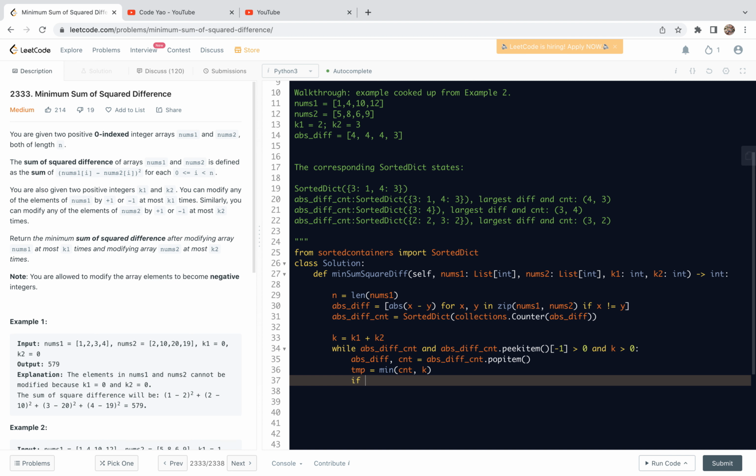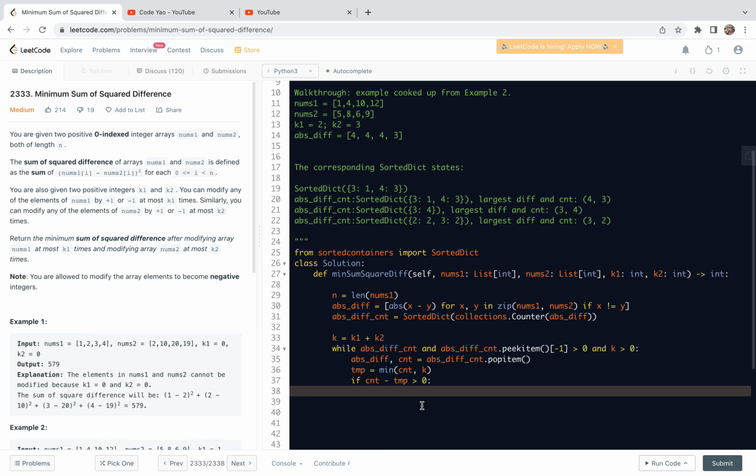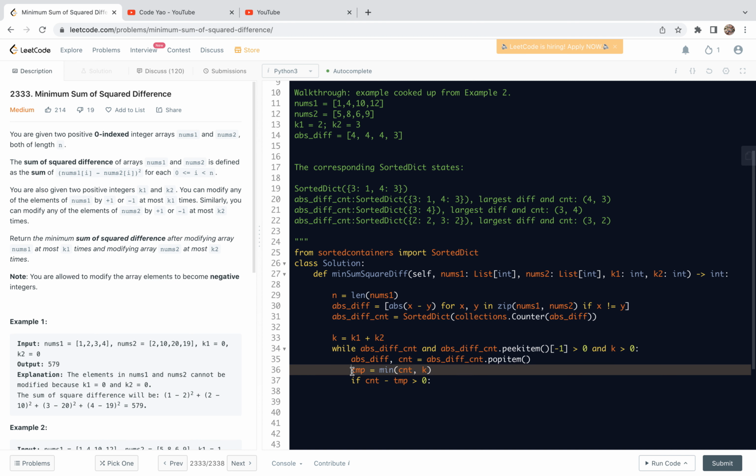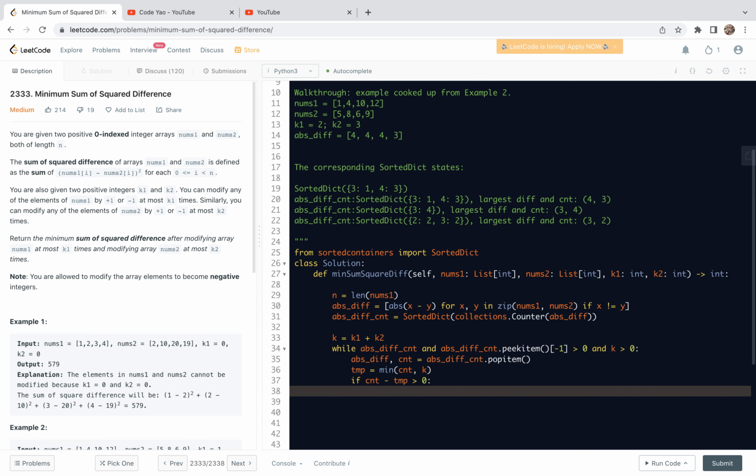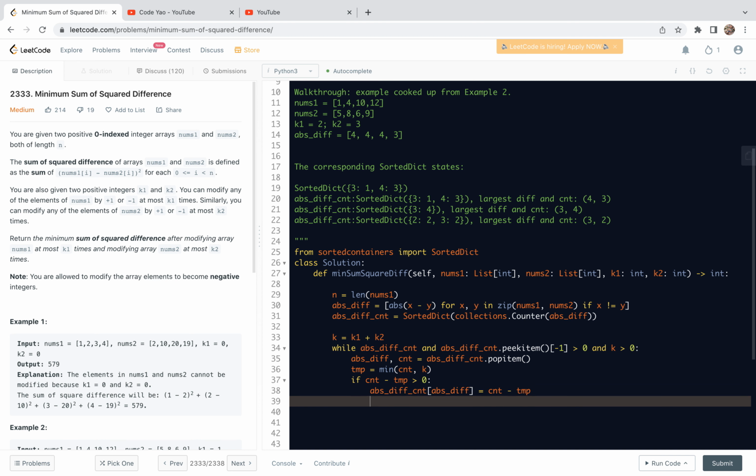So then we are going to consider this situation. If count minus temp is greater than 0, so in other words, after this number of shrinkage, the abs diff gap still exists, then we should add this back to the dictionary. So basically abs_diff_count[abs_diff] equals count minus temp. So otherwise, if it's 0, then this key just disappears.